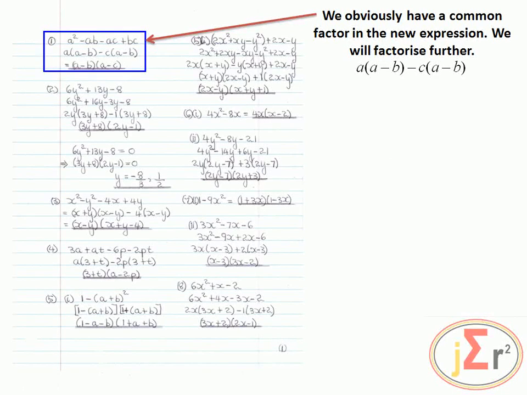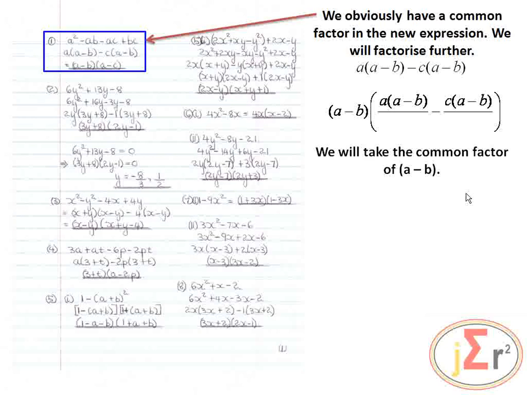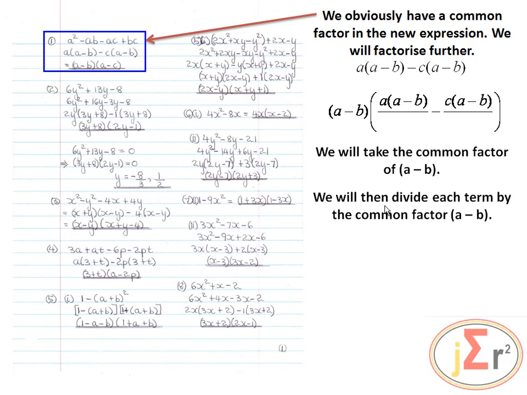So we obviously have a common factor in the new expression. We will factorize further. The common factor, as we can see, is A minus B. We have A minus B right here, and we have A minus B right here also. So we take our common factor of A minus B, and as usual we will divide by our common factor of A minus B. Those will cancel and we will have the same thing there.